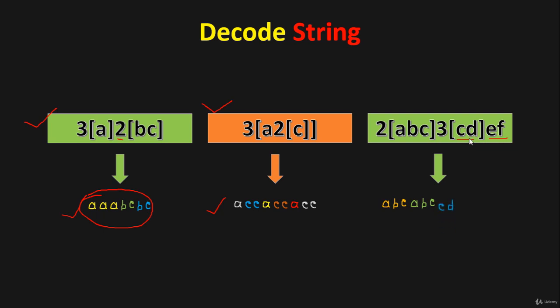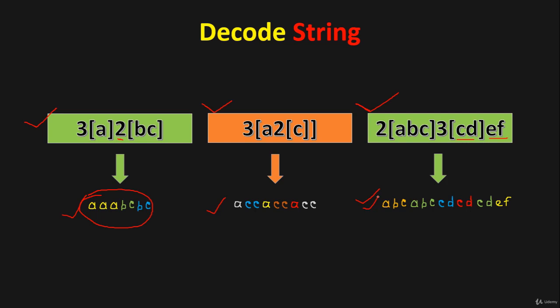So CD, CD, CD. Then we have this string EF. So let's insert here EF. So this is our encoded string and this is our decoded string. If we are given this string, we have to return this string. Hope you have understood how to decode the given string. In this problem, you might assume the given string is always valid.